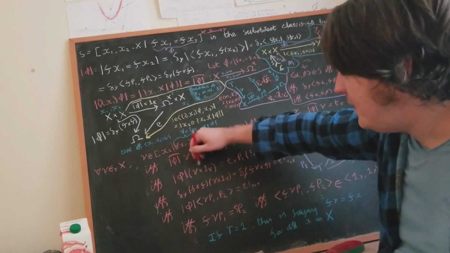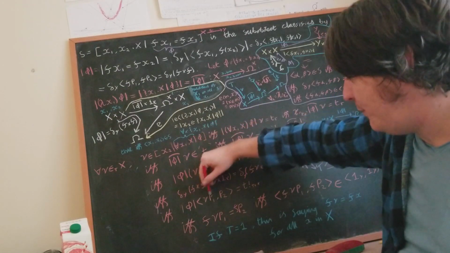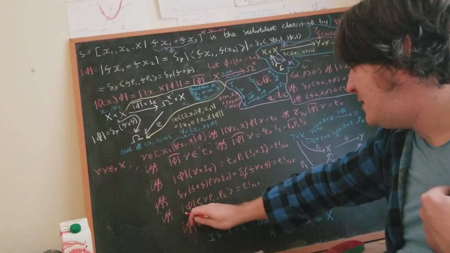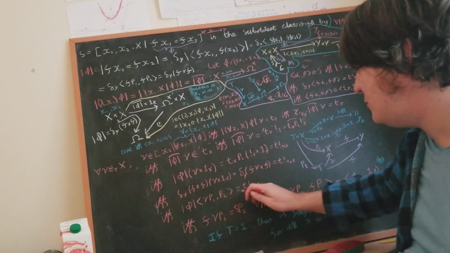Now let's write this with the v times 1x. We'll just expand that out so we get that interpretation of phi after v p1 comma p2 is true.